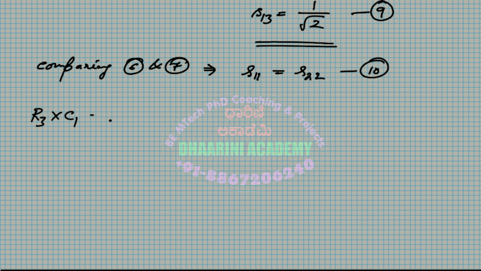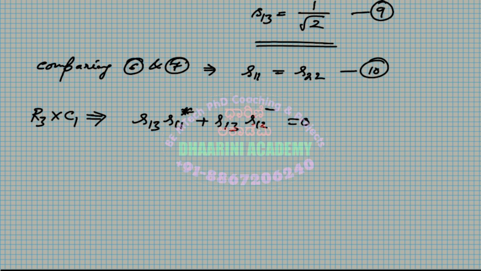R I already wrote, so let me correct that. So R3 into C1. This means I'm multiplying S13 into S11 star plus S13 into S12 star. This says it is equal to 0.